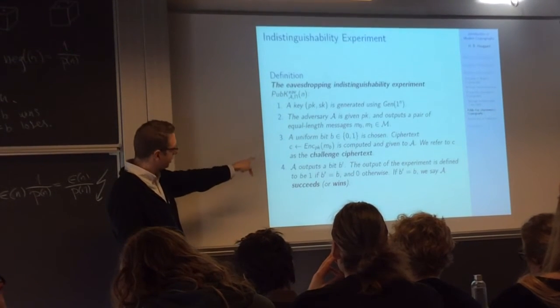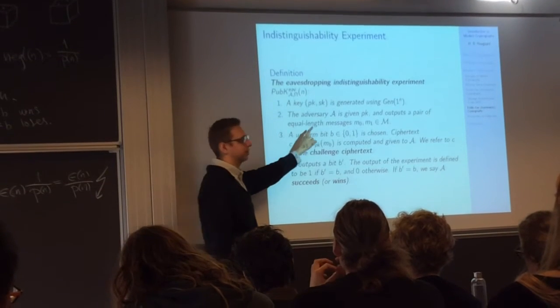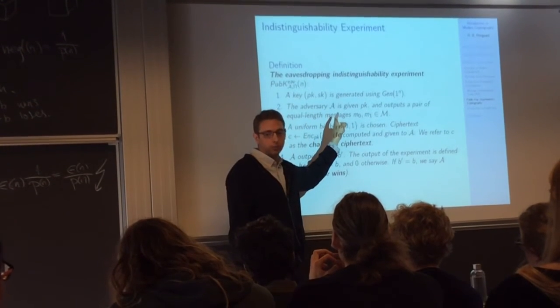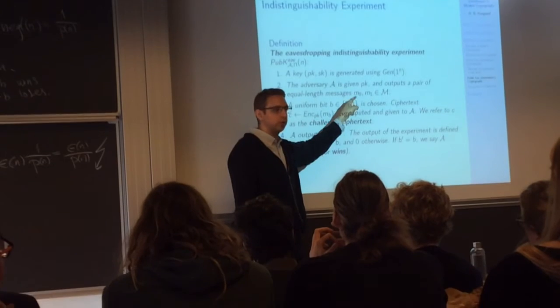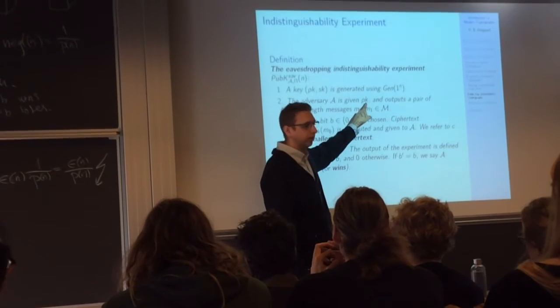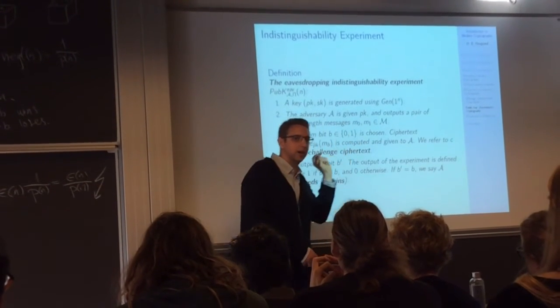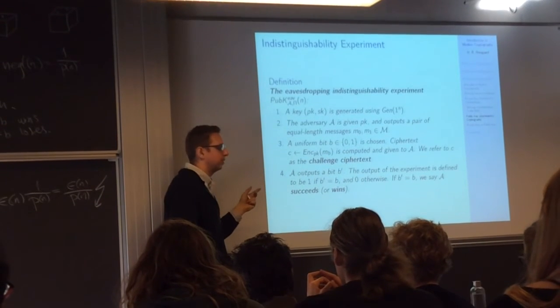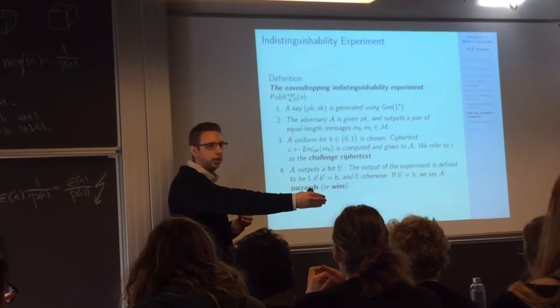So eavesdropping indistinguishability actually gives the adversary an encryption oracle. He can encrypt messages because all you have to do is use the public key. This is the entire brilliance behind the system: I can give my public key out on the internet.